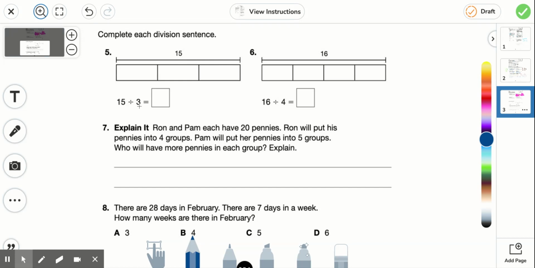So 15 divided by 3. What goes in each of these groups? What number times 3 would get me 15? Well, if I have 15 divided by 3, I know 5 times 3 is 15. Let's see. Here's 5. Here's 10. Here's 15. 5, 10, 15 to get me my total.